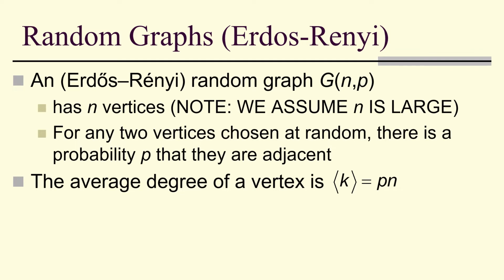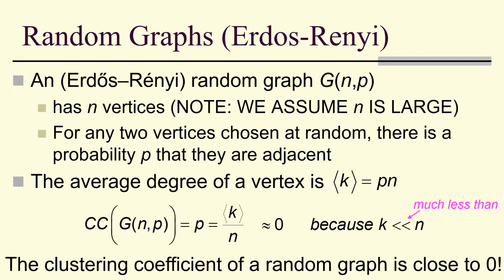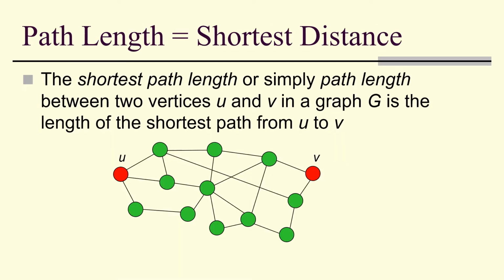In other words, it's the percentage of n total vertices. So that means the clustering coefficient is p, which is just k over n. And that's approximately 0 because, remember, we said n here is extremely large. So the clustering coefficient of a random graph is close to 0.